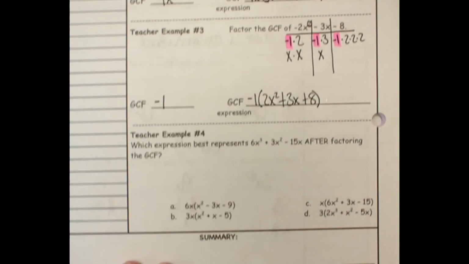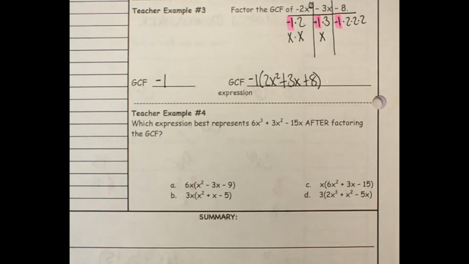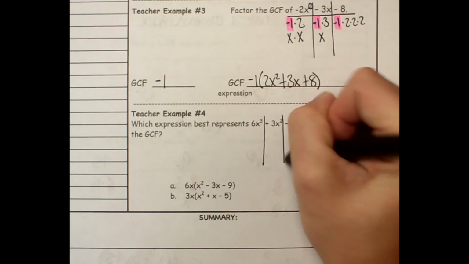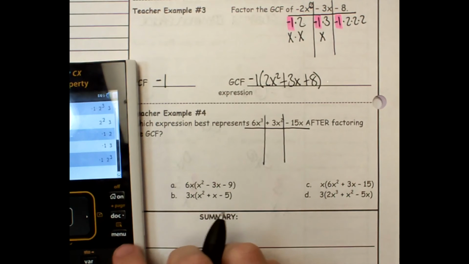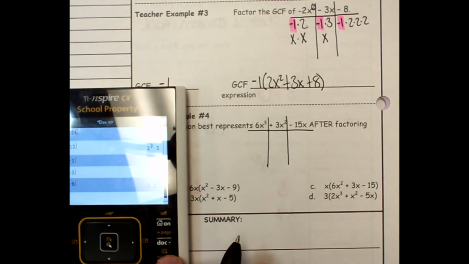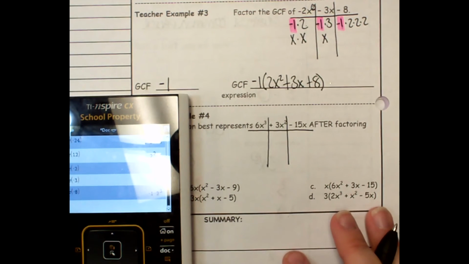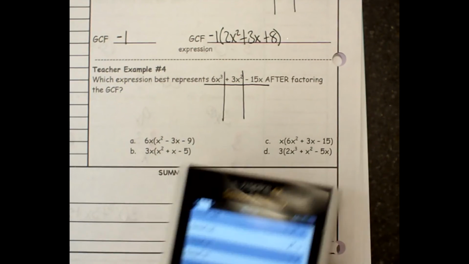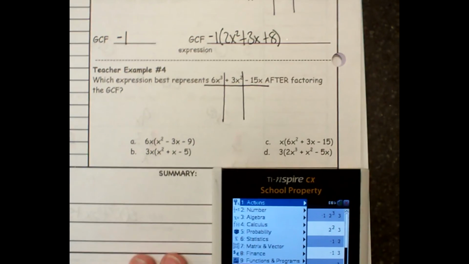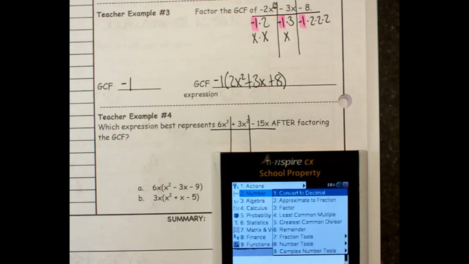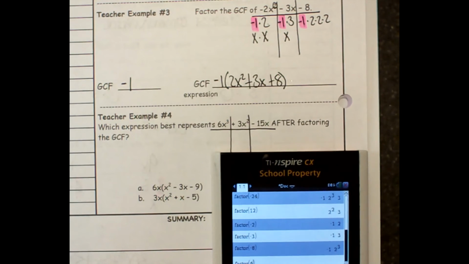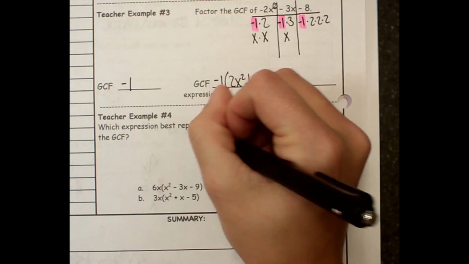Let's try our last one, example 4. So if we draw our chart and we factor our coefficients, so if we do menu 2, 3 of 6, we get 2 times 3.